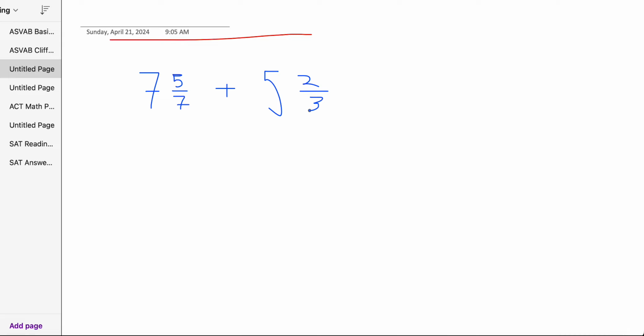Here you can see that the fractional parts don't have the same base, so we can't use the same approach we used before, where we added the whole numbers together and afterwards added the fractions together.